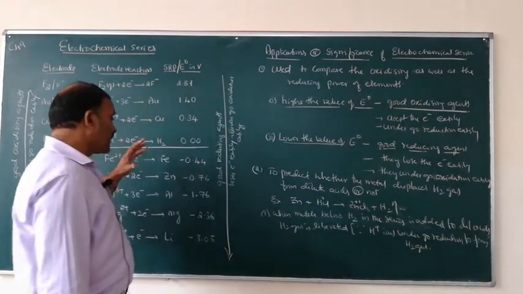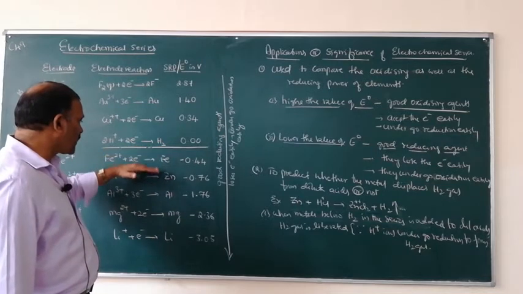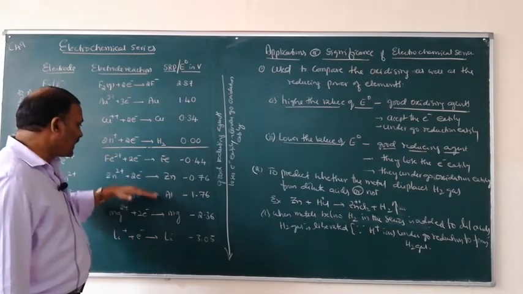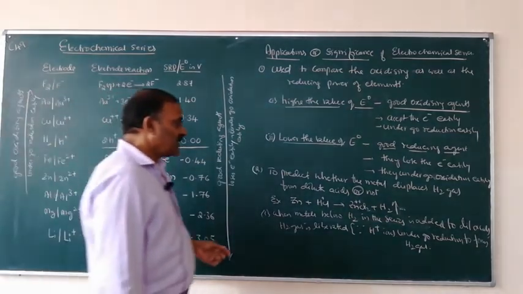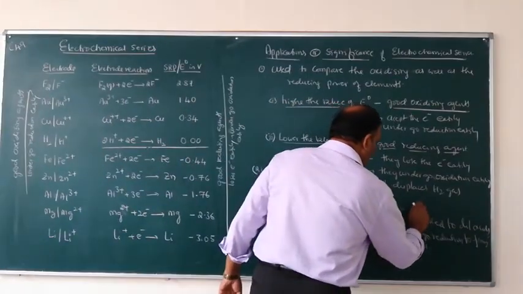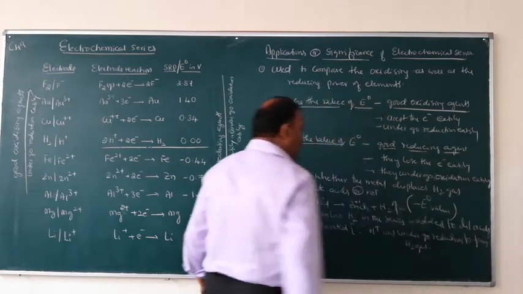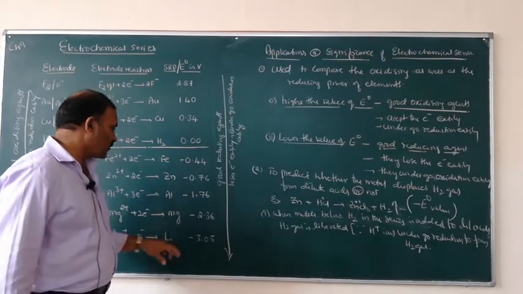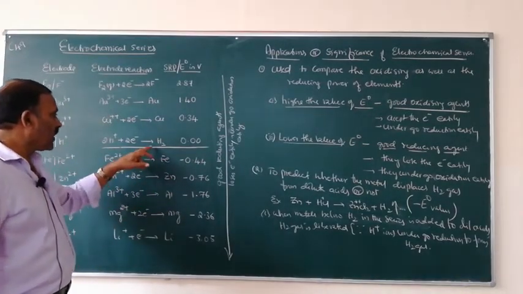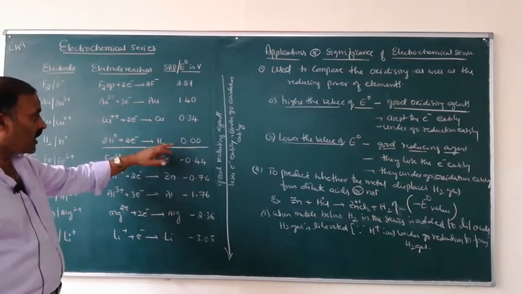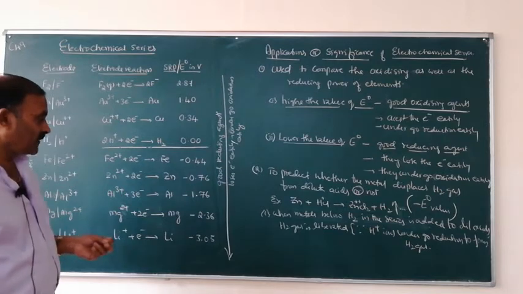So this is a very important point. When metals below hydrogen in the series are added into dilute acids, below hydrogen in the series means they have negative E0 values. When the metals having negative E0 values than hydrogen are added into dilute acids, hydrogen gas will be liberated.